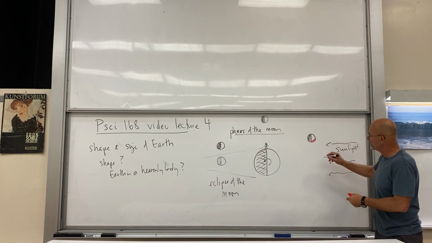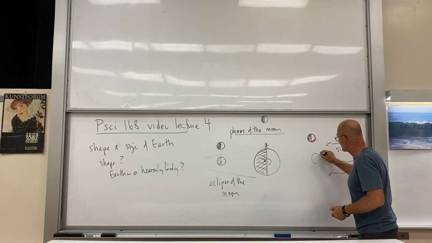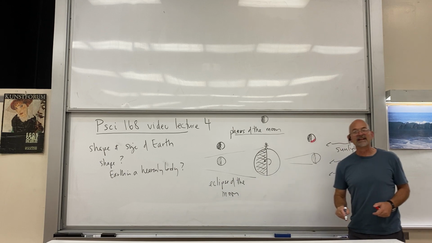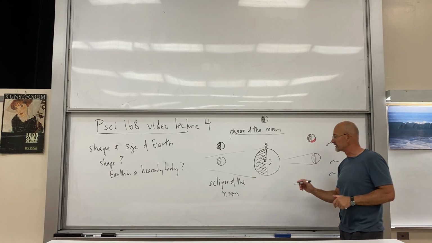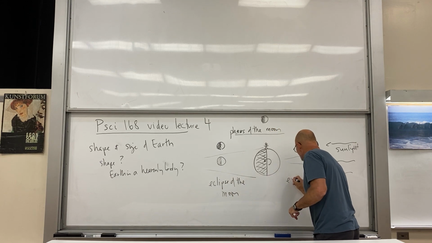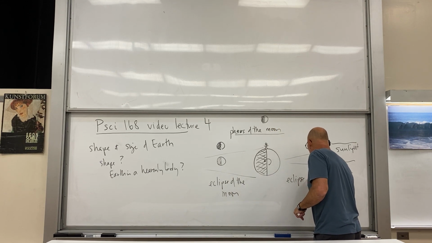And if the moon is here, it casts a shadow on the Earth, and it's called an eclipse of the sun because it blocks out the sun. So we have phases of the moon, we have an eclipse of the moon, we have an eclipse of the sun.